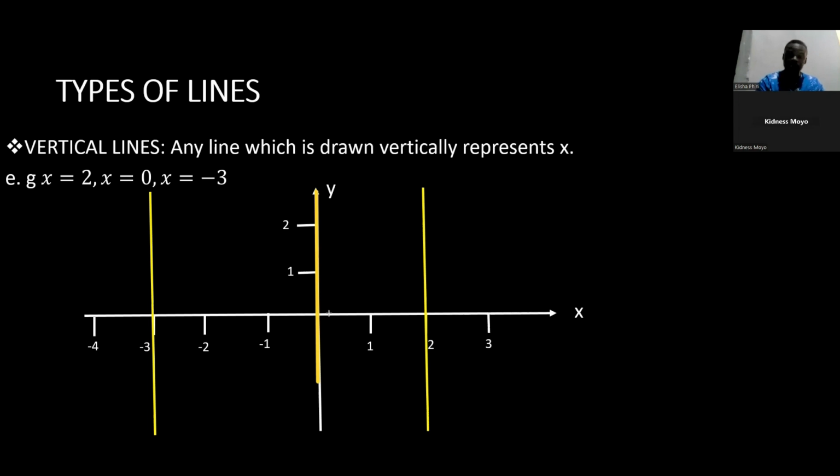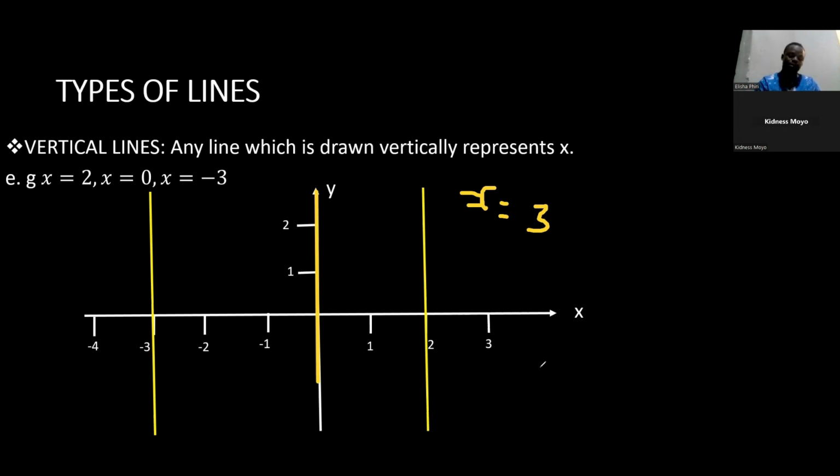The vertical lines denote the x-axis, because when you draw a vertical line to cut the x-axis. So now if we were to say we have this other equation, which is x is equal to 3. How am I going to draw that line?